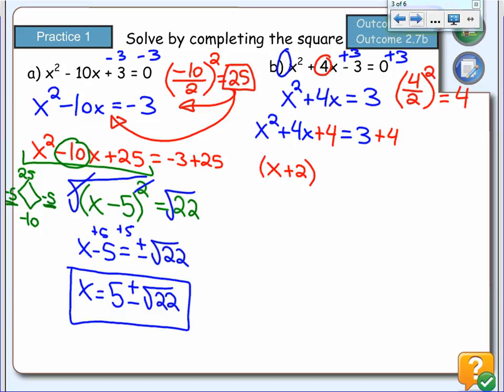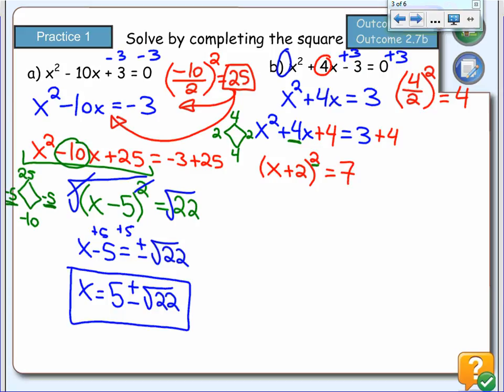And if you're not sure, you can always diamond method that thing. So if you wanted to look, things that multiply to 4 and add to 4 are 2 and 2. And that resulting number on the side is always this number divided by 2. And because we have 2 of them, we square it. And it's still equal to 3 plus 4 is 7.